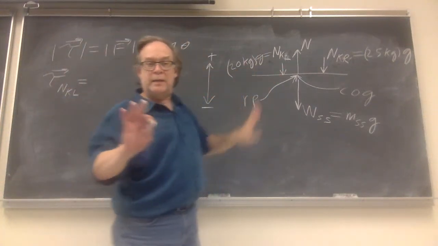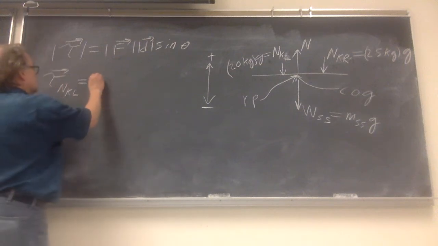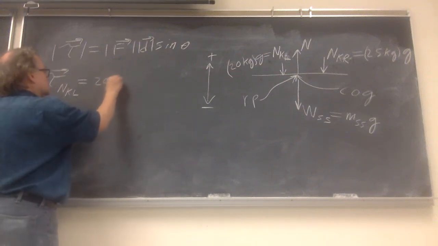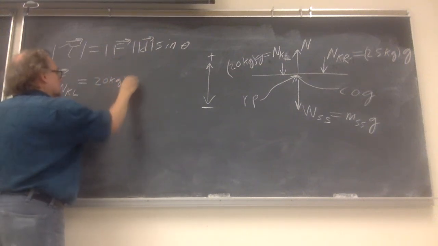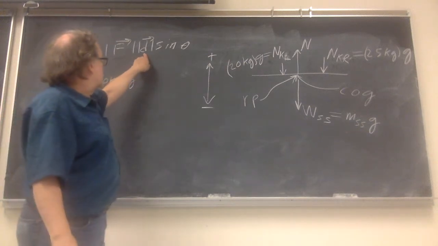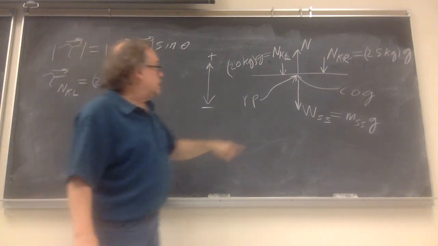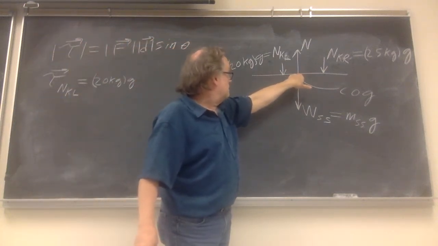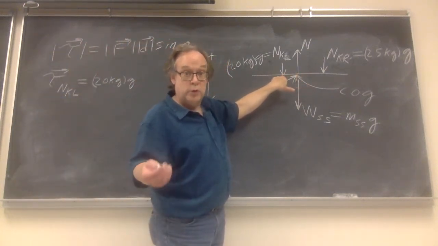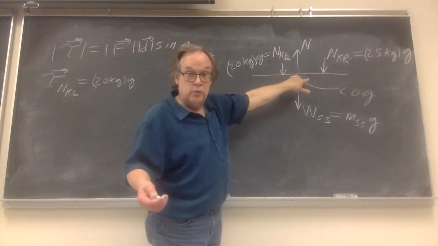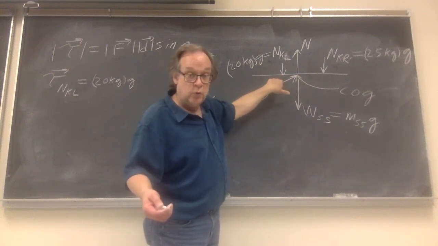I won't do the multiplication yet. Next, times the magnitude of the displacement vector. Remember, the displacement vector always takes you from the reference point or the pivot point, whatever you want to call it, from there to the force.